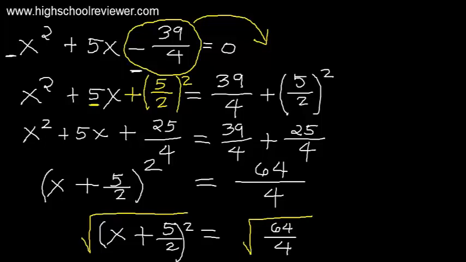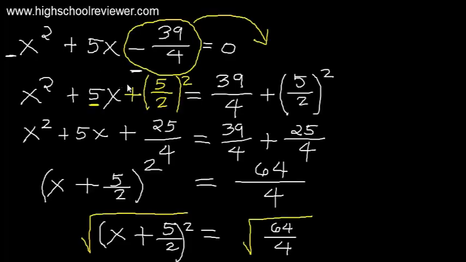So the square root of the quantity x plus 5 over 2 raised to the power of 2 will now be x plus 5 over 2. This will be equal to the square root of 64 all over 4, so this will be plus minus 8 all over 2.